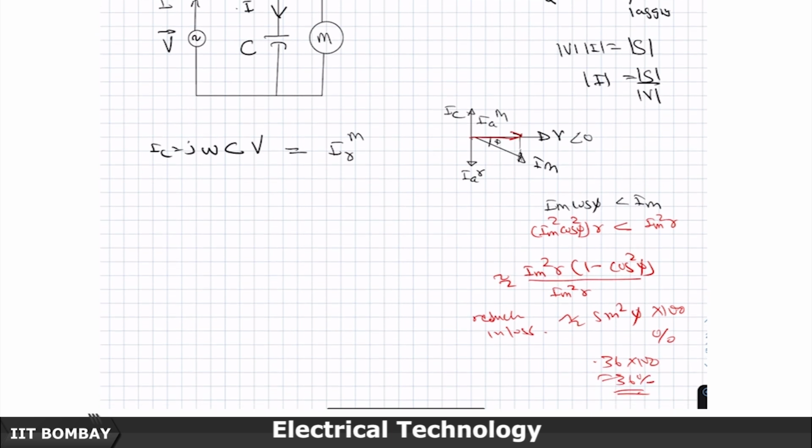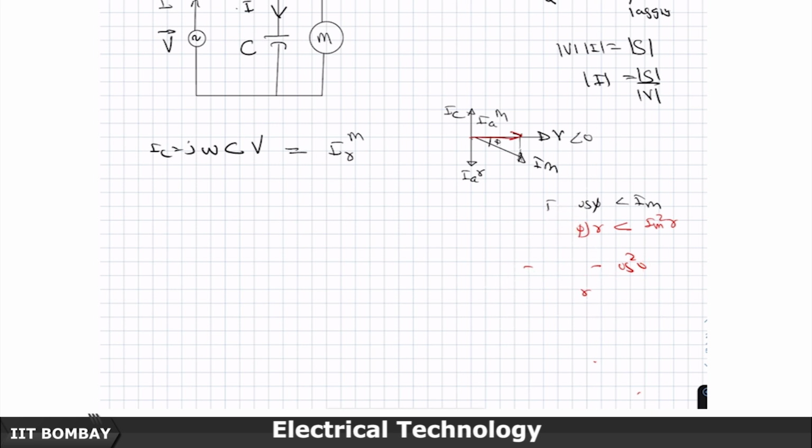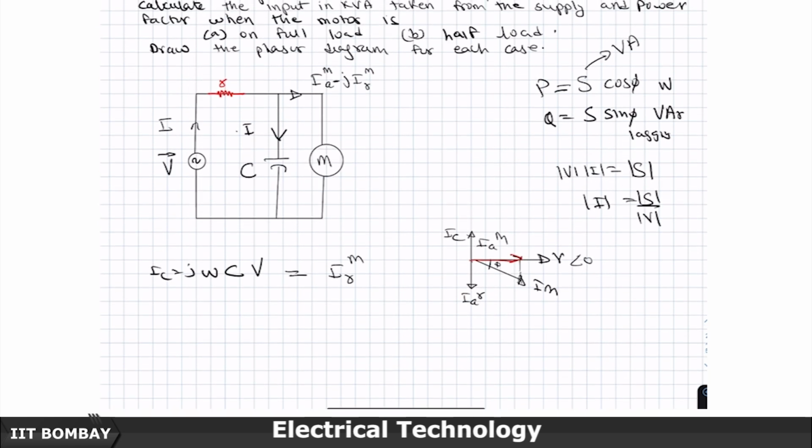So, let's take one concrete example. Let me just rub this out so that I can use this same space for the work that we are going to do. I think I will rub everything and present to you a clean problem.